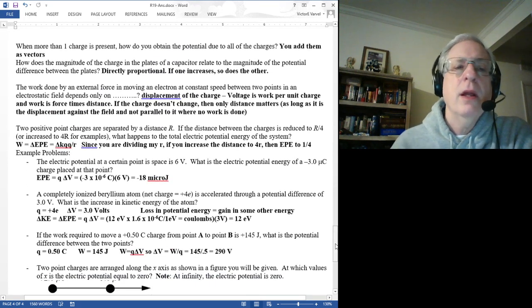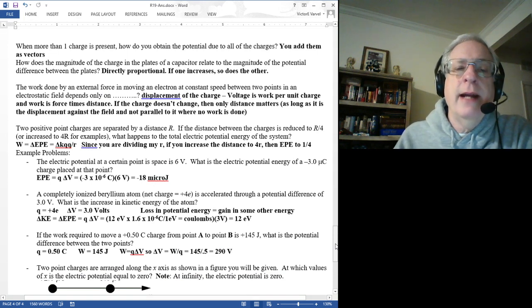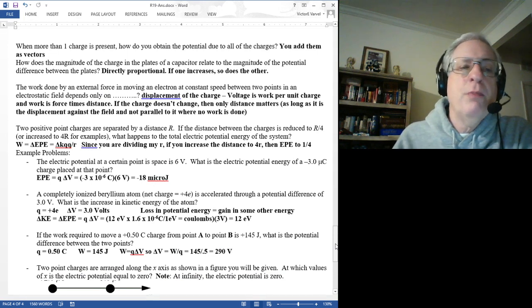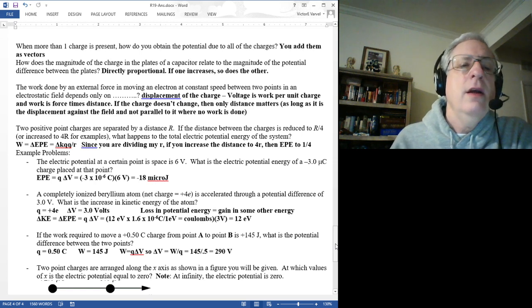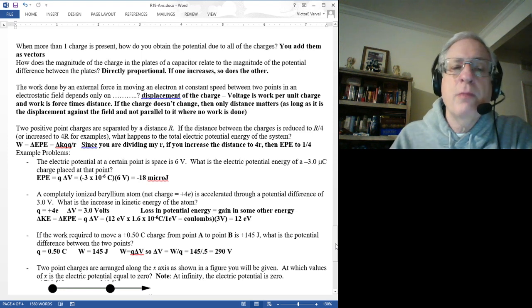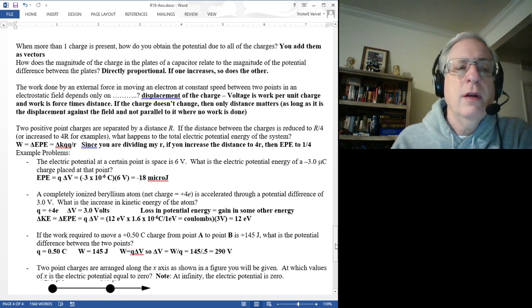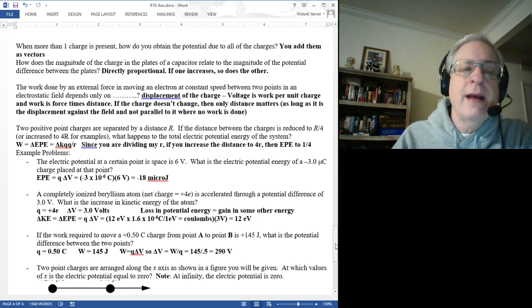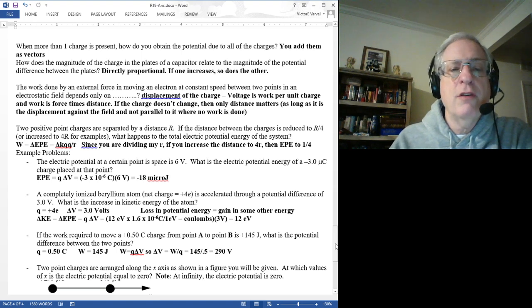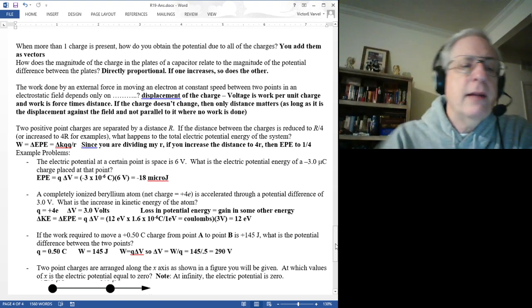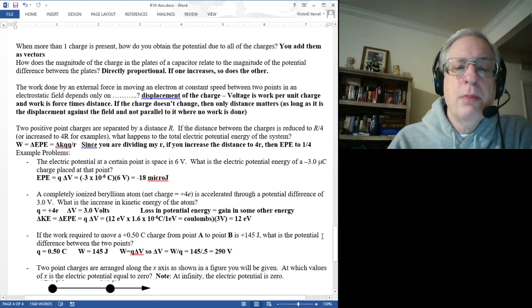The work done by an external force in moving an electron at constant speed between 2 points in an electrostatic field depends only on, so think about that, it's work, and work is force times distance or displacement. So it's just the same kind of work. It only depends upon the displacement of the charge, because it's an external force, so it's that force times the displacement of the charge. So keep in mind that voltage is work per unit charge.